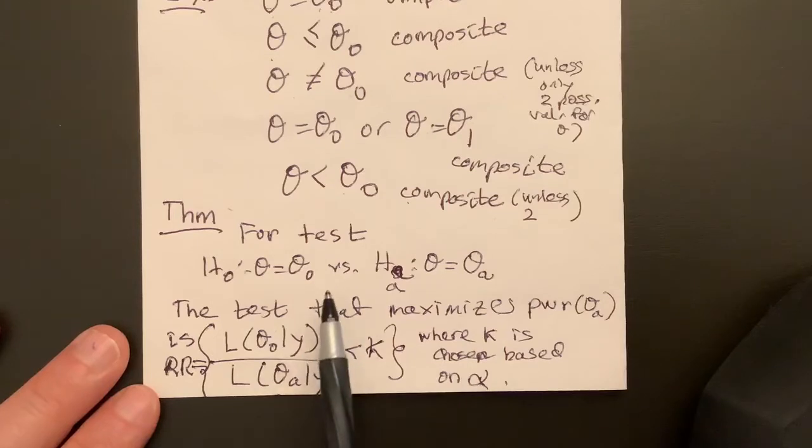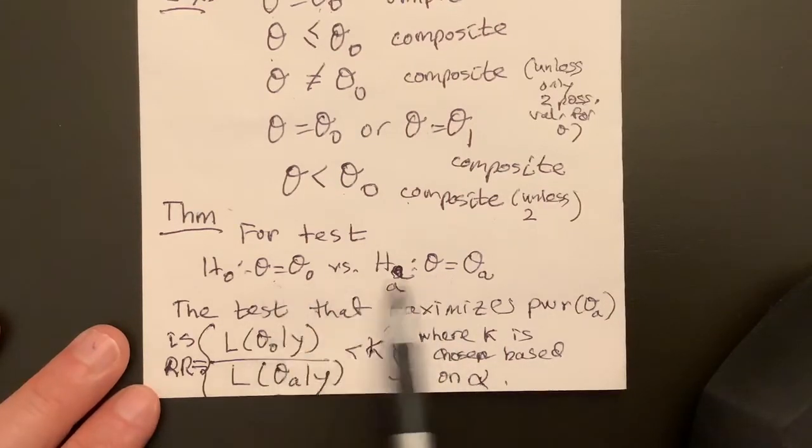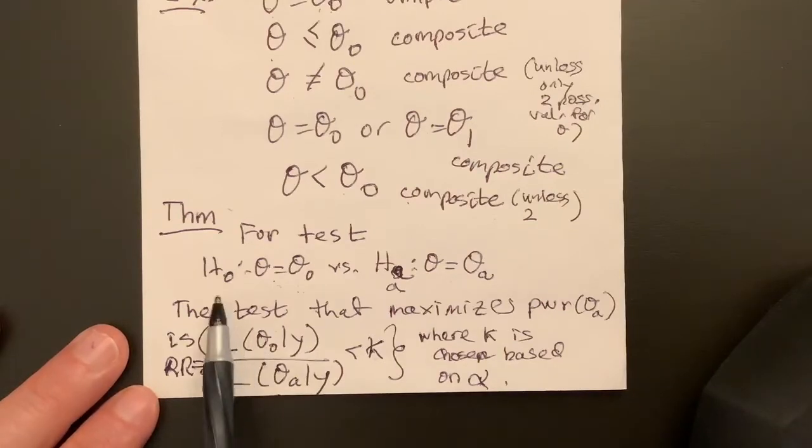So for this kind of two simple hypothesis test, you can always find the best test, a test that absolutely does the best it can at theta A, as we set how well we want it to do under H0.